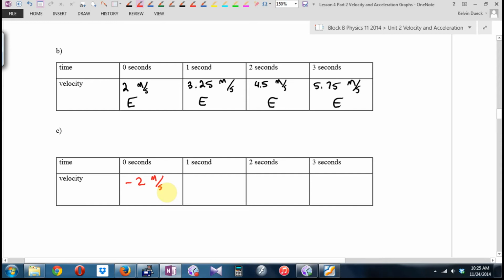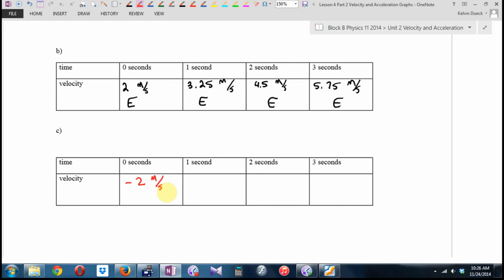That is west. Okay, so you ready? I'm traveling that way at negative 2 meters per second. I accelerate this way at 1.25 meters per second squared. What's my velocity after 1 second?